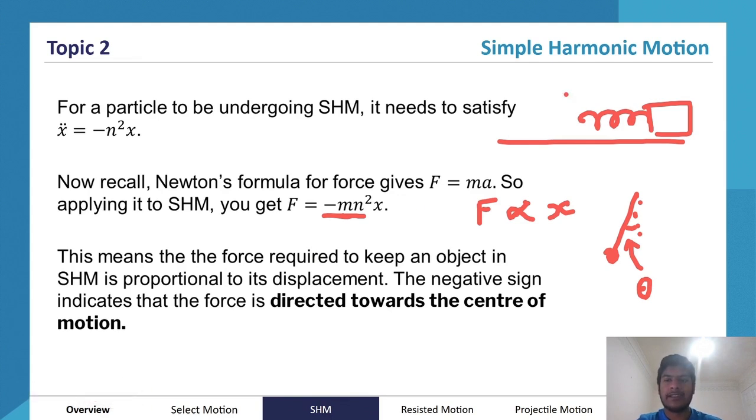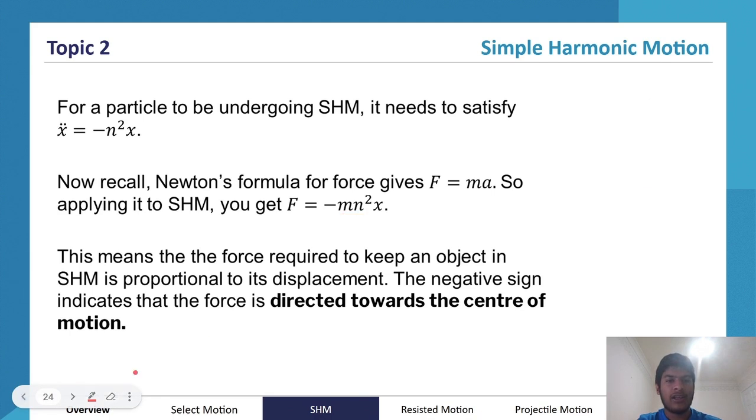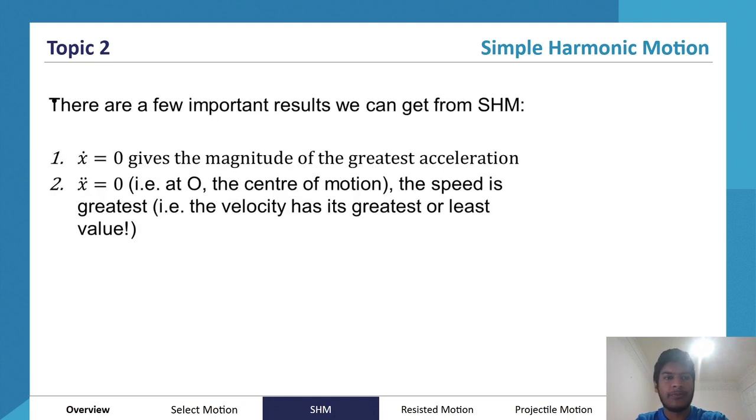A very stock standard example is a block on a spring. Now, the negative sign shows that the force is directed towards the center of motion. With the block on a spring, the further away you pull it from the center, the force is pulling it towards the center, not away from it. That's what the minus sign shows.